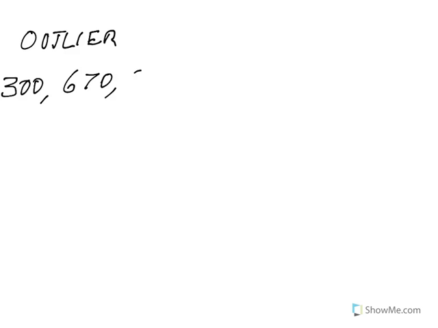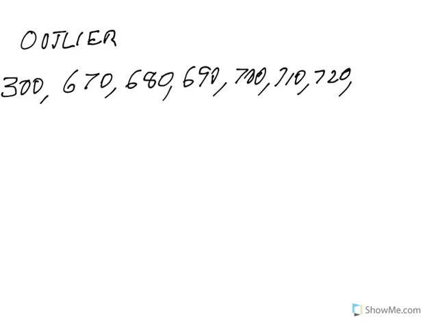And then after that, we've got a little bit of a spread here, but they're all 690s, so into the 700s here. 730 and 750. Alright, so you can quite clearly see that there's an outlier there. Number 300 is way away from all the rest of the stuff.